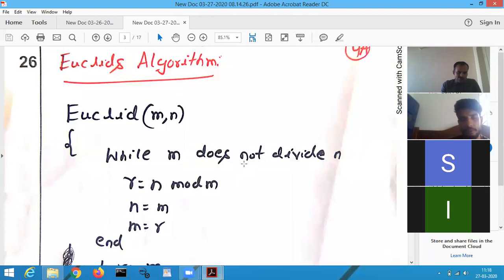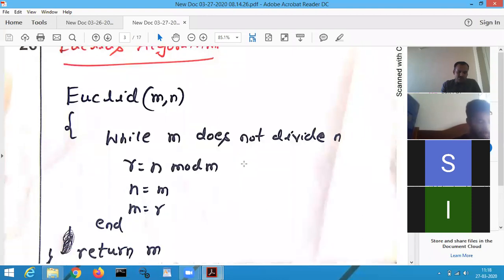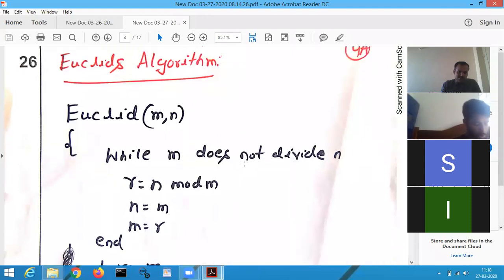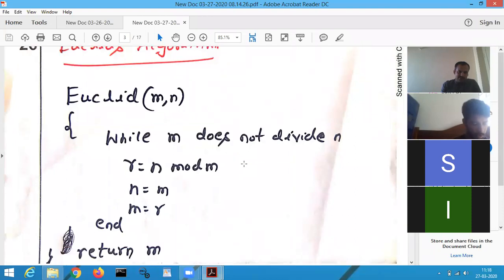All of you might have used this algorithm in your first semester while finding the GCD of two numbers. It has 2 to 3 steps. Writing in the form of a procedure. See, in this subject, we are not worrying about the syntax. We are only interested in conveying the logic to the person.